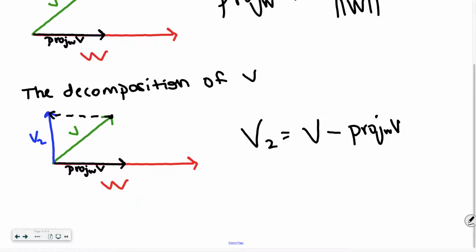And here would be your projection vector, right? And here would be the opposite vector. That's right. And that vector is called the decomposition vector. Basically, we decompose our vector V into the projection and this V2.